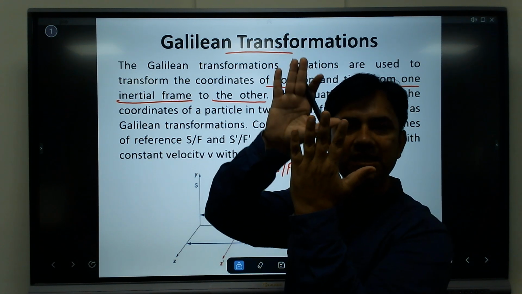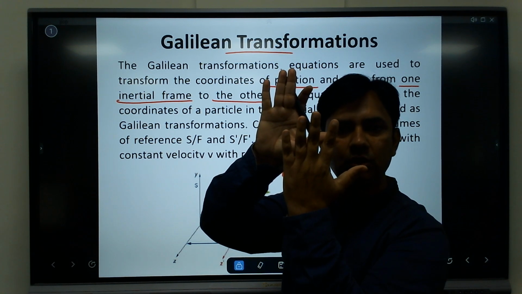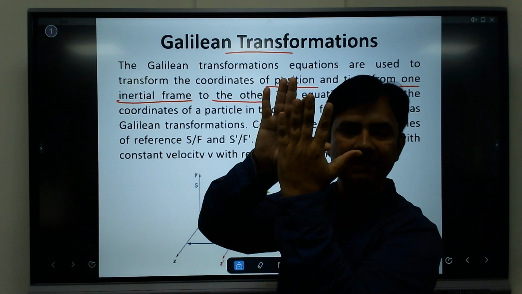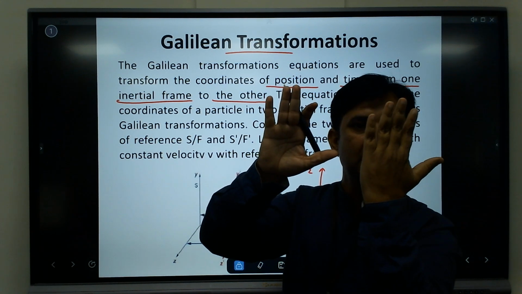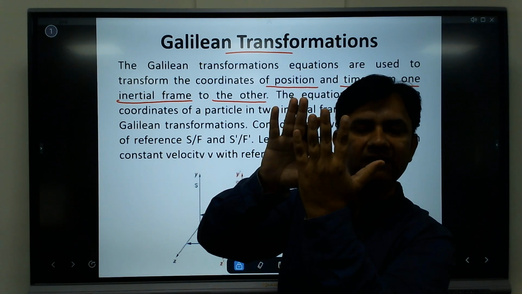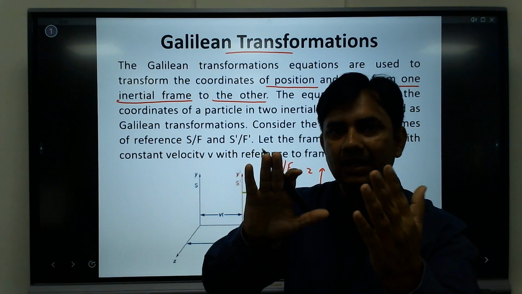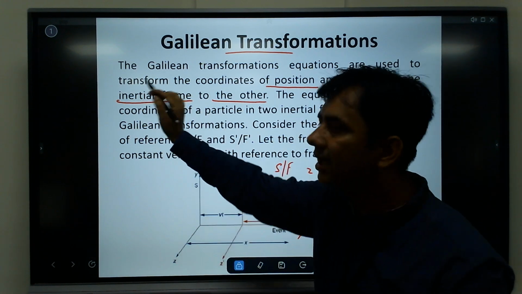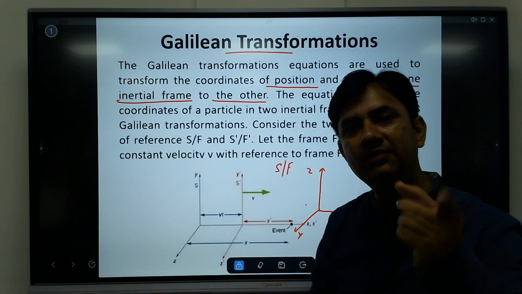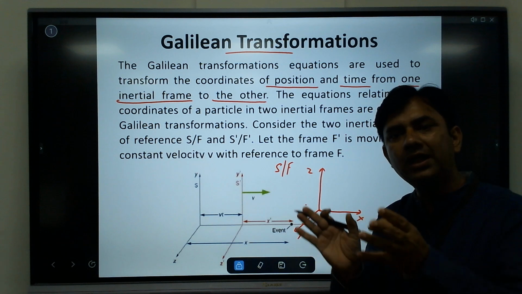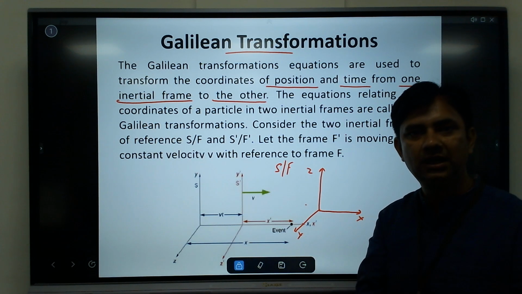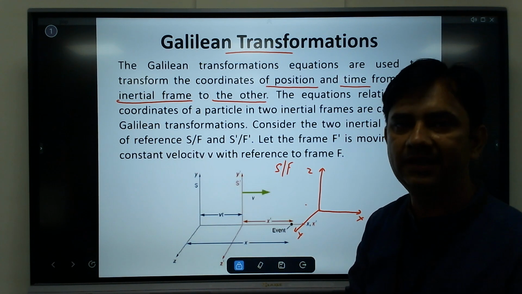My S frame will remain at a constant place and my second frame will start moving. So one frame is moving with respect to the other, but in what frame? We are moving in an inertial frame. That means we are considering that all of Newton's laws hold good here, and this is a non-accelerated motion.